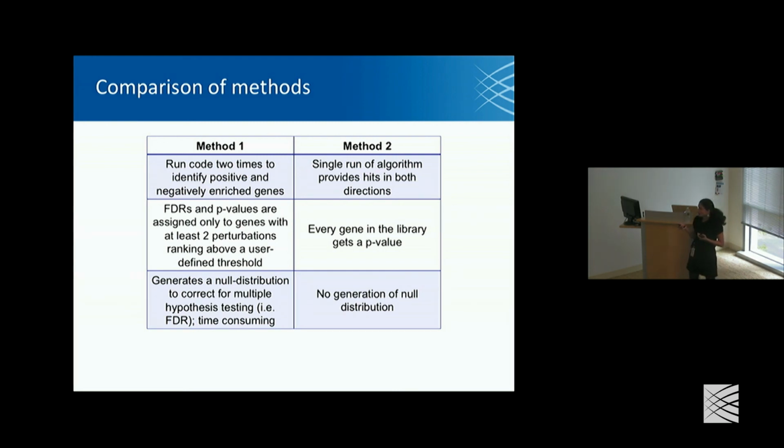In method 1, FDRs and p-values are assigned, as I said, to only genes that have at least 2 perturbations that rank within the hit threshold that you picked. Whereas in method 2, every single gene gets a p-value. In method 1, you have to generate a null distribution, which can be very time-consuming, so that takes a little longer to run, whereas for method 2, you do not have to generate any null distribution.